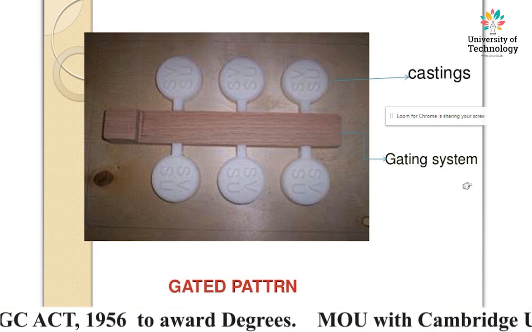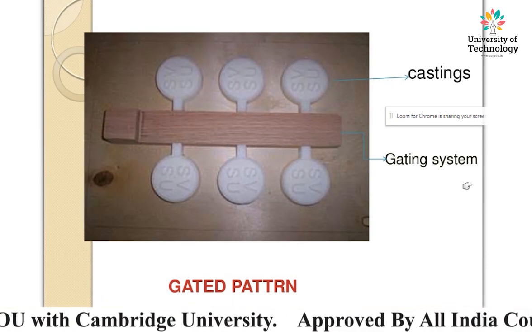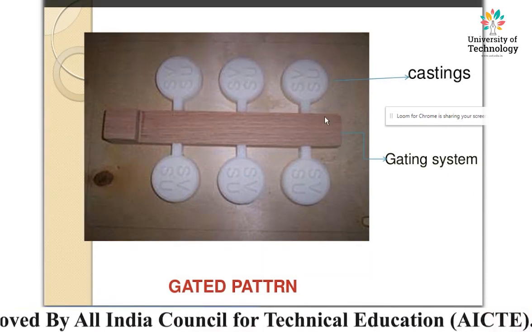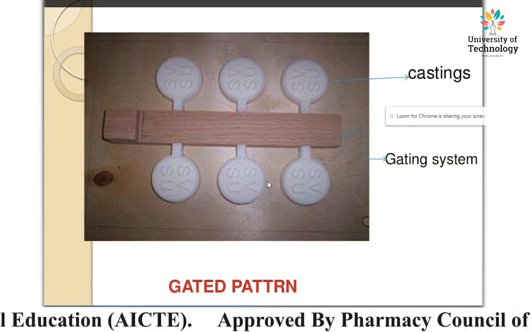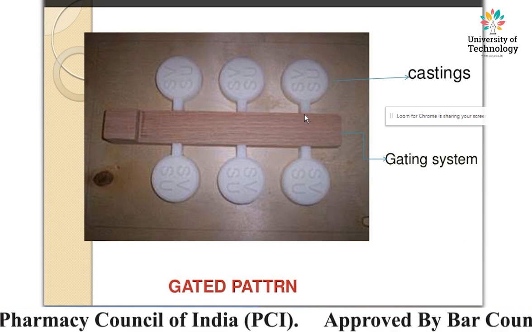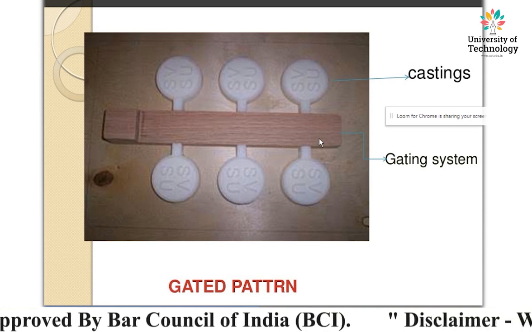Gated pattern means more than one gate in this casting process, and the same cavity is generated on both sides of the pattern. There are gates here, 1, 2, 3, 4, 5, 6 gates in this casting, for example.